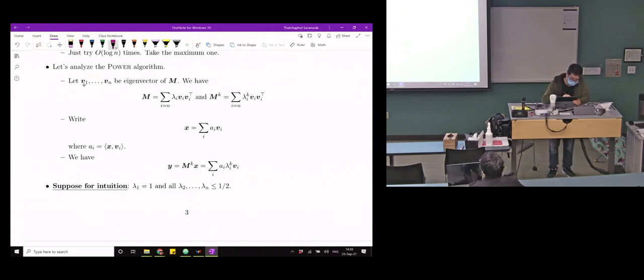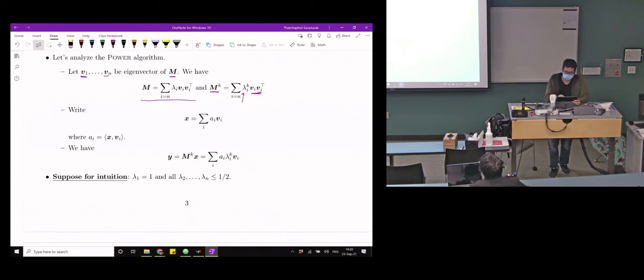Let's write the eigenvectors of m. You write the eigen decomposition of m, and you can see that when you look at m to the k, it's the same decomposition, but each lambda_i is raised to the power k.